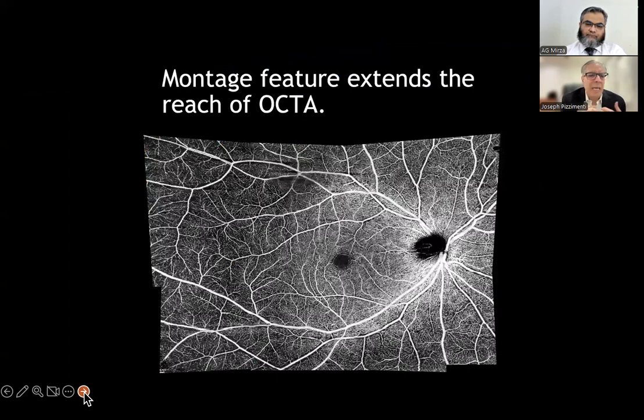And so the technology is becoming more and more wide field. We still use montage to get a wider field of view, extending the reach of OCTA.